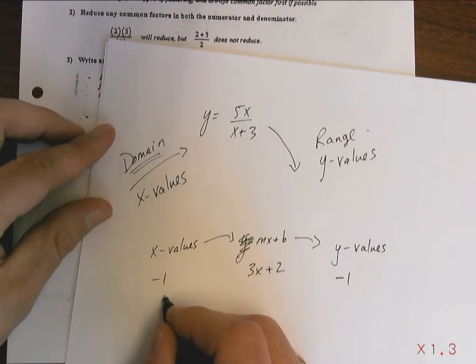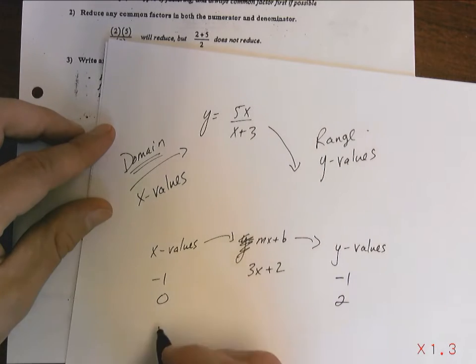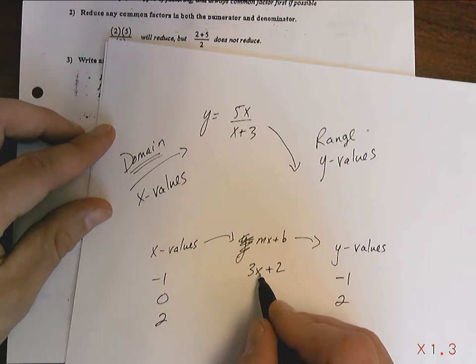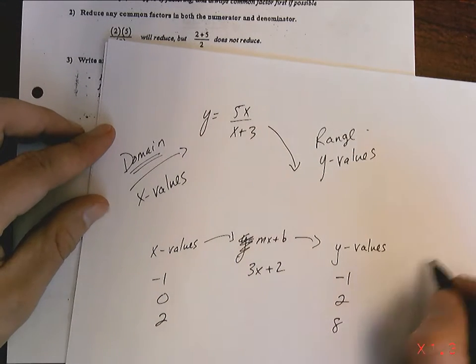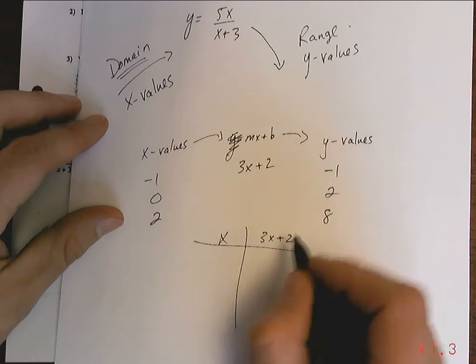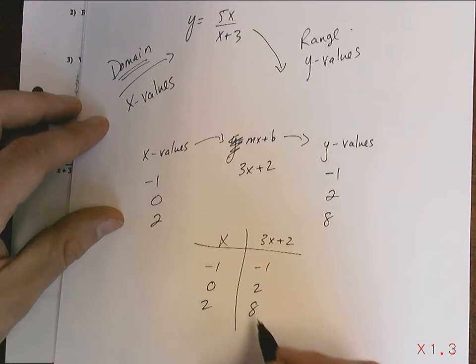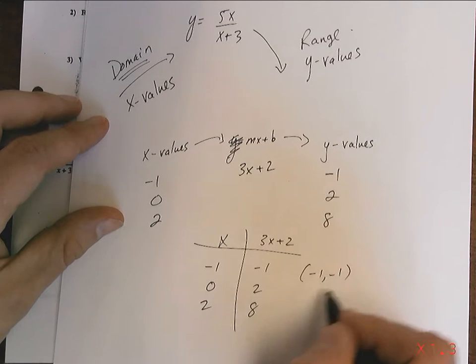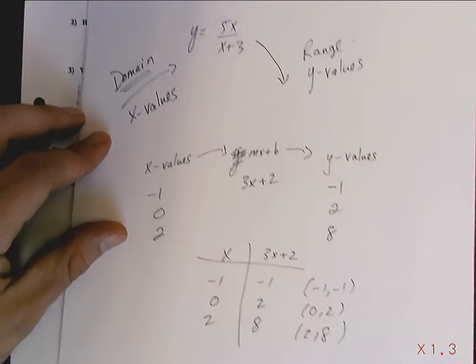If I put in 0, 0 goes in for x, plus 2, we got 2. If I put in 2, 2 goes in for x, that becomes 6, that becomes 8, giving us the table of values that you would normally see: x, 3x plus 2, which is your y. Negative 1, 0, 2 give negative 1, 2, 8. So that's a recap of grade 9.